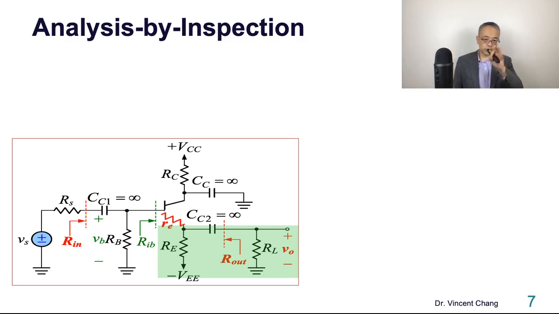What about the first one, VO over VB? It is also another divider. The divider between re and the external resistance.